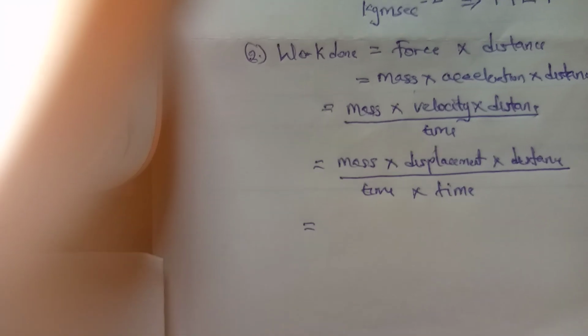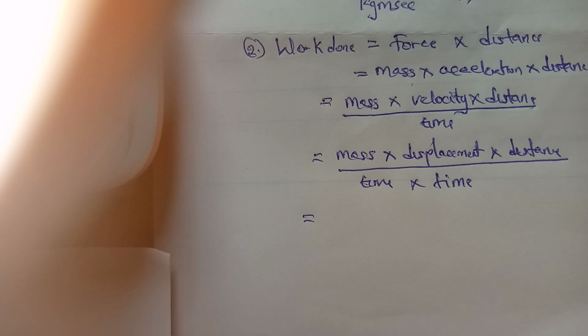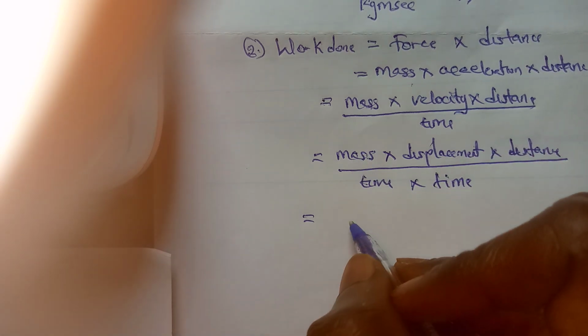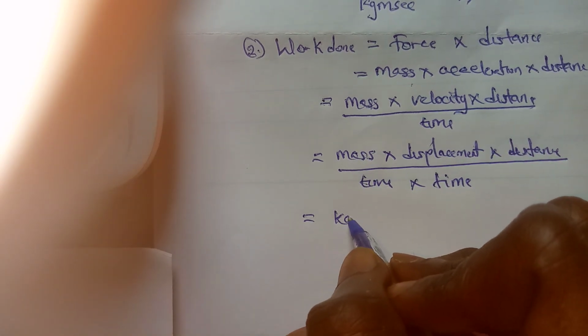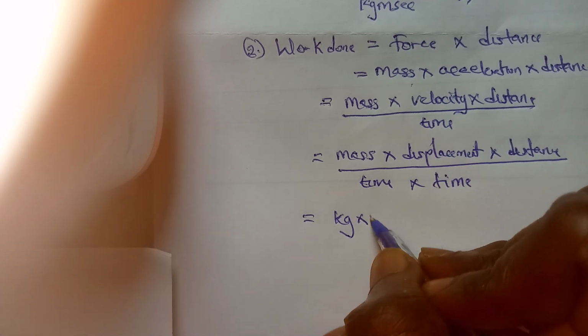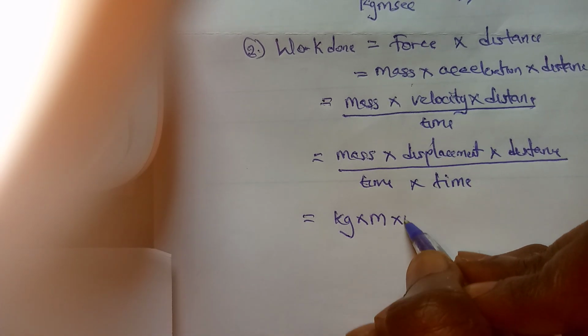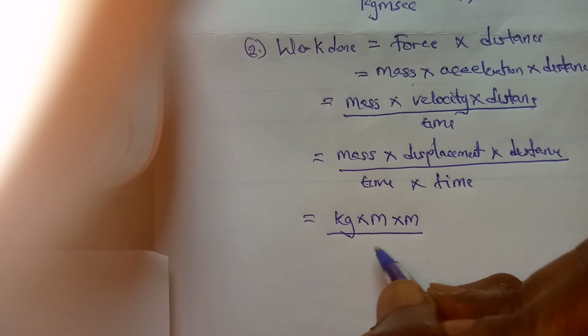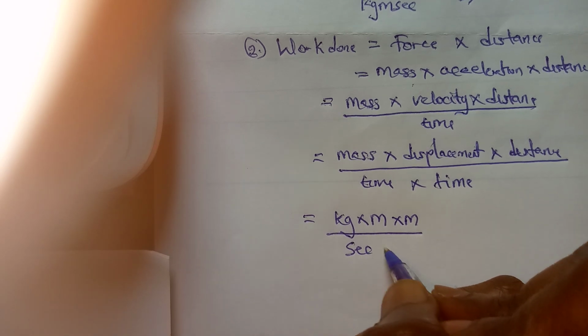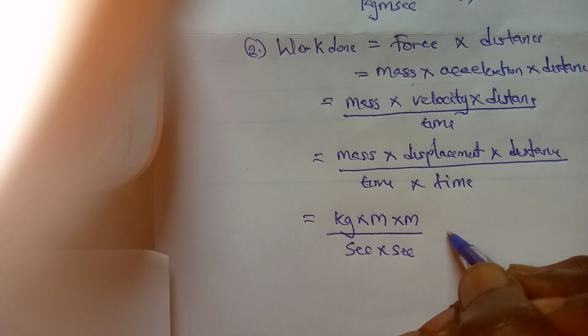At this junction, we don't have any derived units again, so we are going to copy the units and the dimensions. Let's copy the unit. Mass is kg, displacement is measured in meters, distance is also measured in meters, and time is measured in seconds multiplied by seconds.